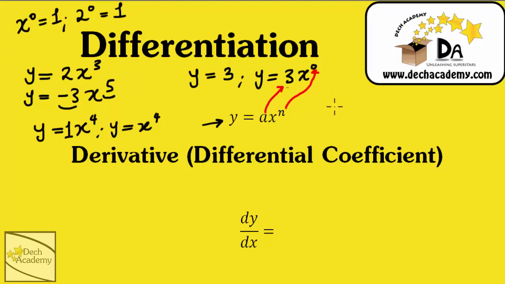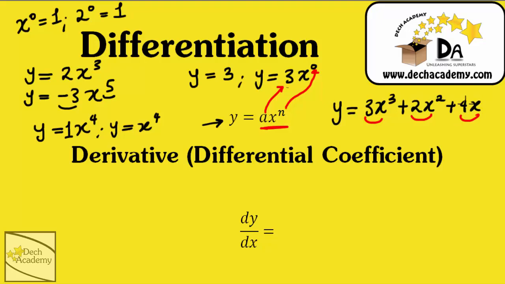You can also have a function which is a combination of expressions of this form. For instance, if you're given this function, y equals 3x to the power of 3 plus 2x to the power of 2 plus 4x. In this equation, each of these terms is of this form. In the first case, a is 3 and n is 3. In the second case, a is plus 2 and n is 2.